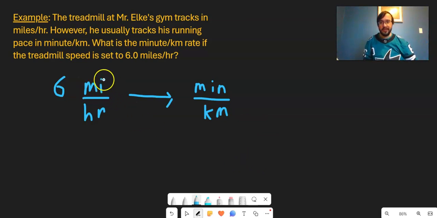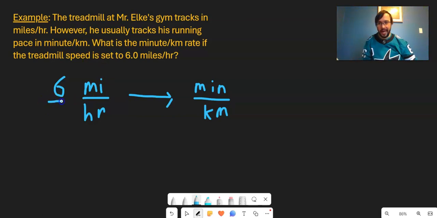So notice how the unit of distance is in the numerator here, but it's in the denominator here. Miles per hour, minutes per kilometer. So it's pretty much flipped. And one nice thing about rates is you can just flip it as well, as long as you make sure the numerator and denominator get flipped as well.